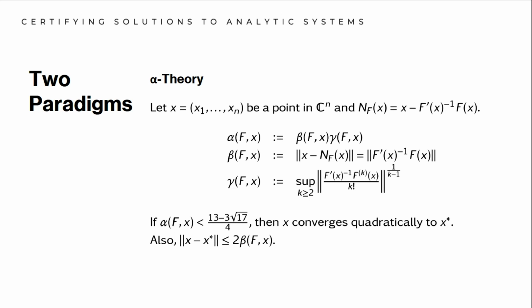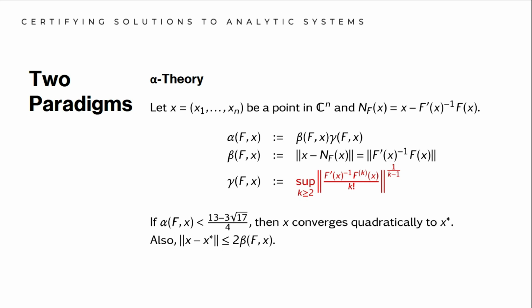So we can also use this alpha theory to certify the root. But the problem is, of course, this gamma part, because we have a supremum over infinitely many k values. And also, if you look inside, we have a kth derivative, which is a k-symmetric tensor, which is computationally really expensive. So usually, we find an upper bound for this gamma value, and we use that upper bound instead.